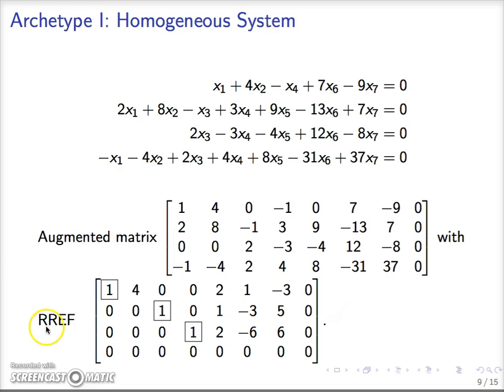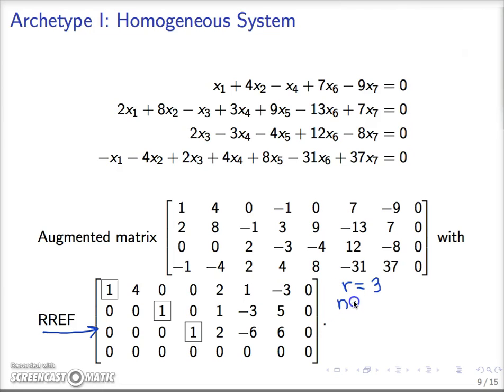The augmented matrix row reduces to this matrix here, and from this calculation, let's see what we can say. 1, 2, 3, so the number of non-zero rows in the RREF is 3.